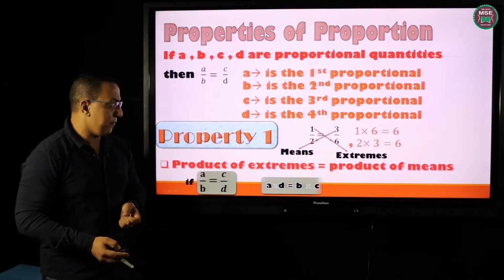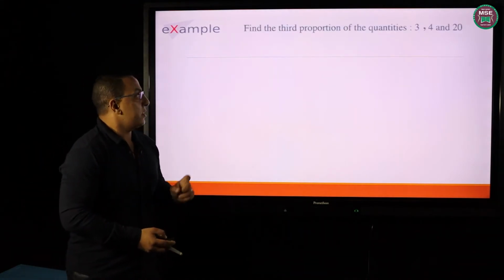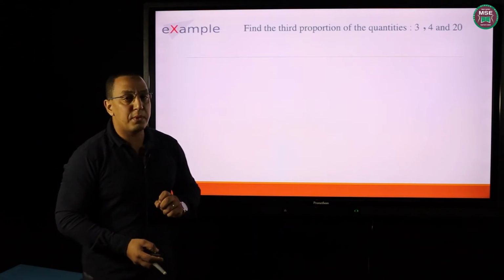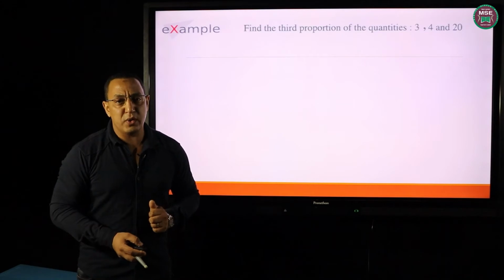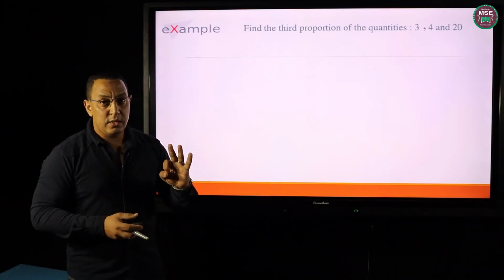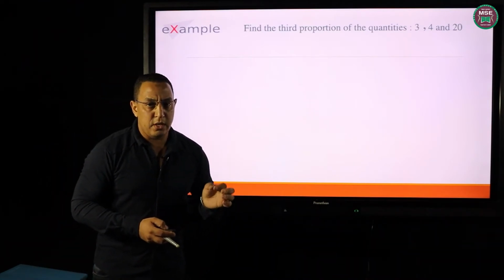Okay, now I have an example related to the first property. In this example, find the third proportional for the numbers 3, 4, and 20. We have now three quantities, and he asked me to find the third proportional.